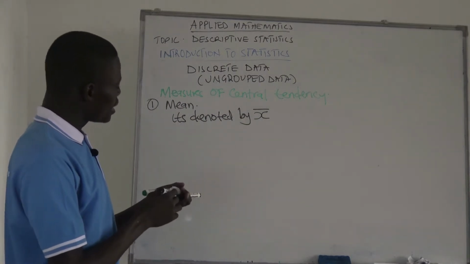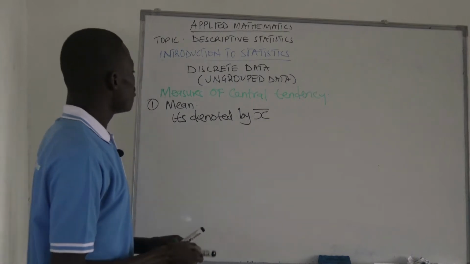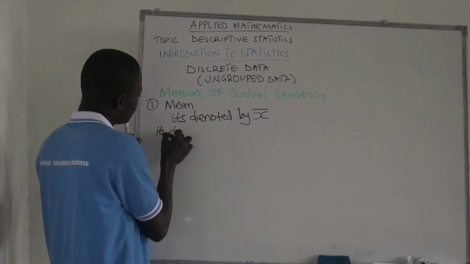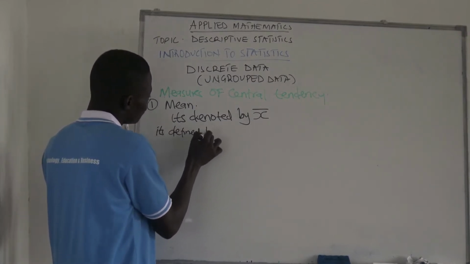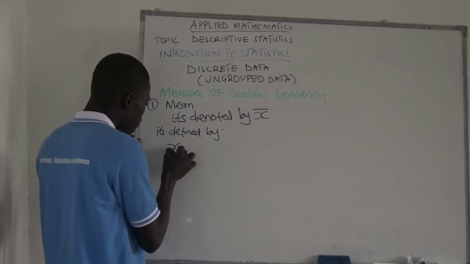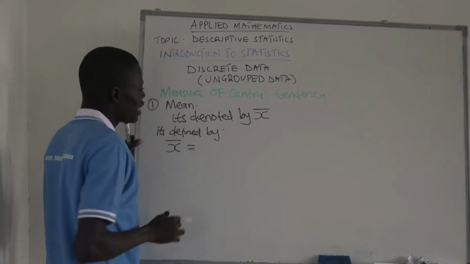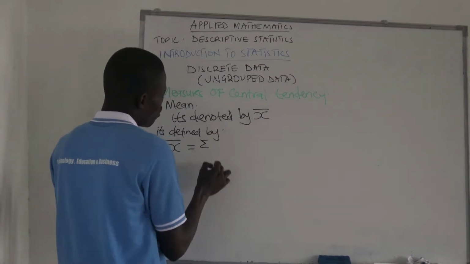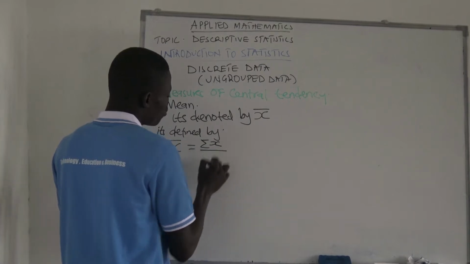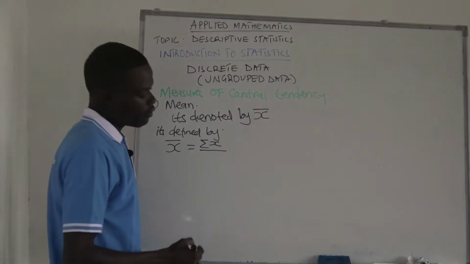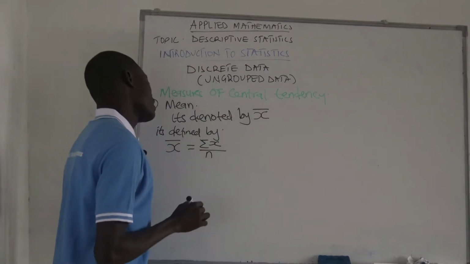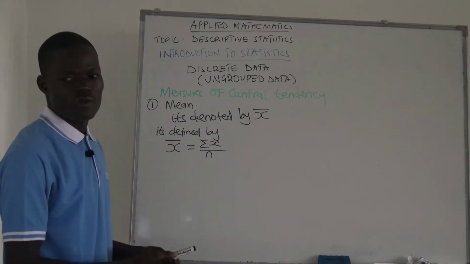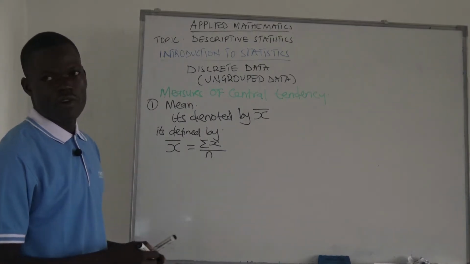If they tell you to calculate the mean, you can use this. So the mean, X bar, is given by the summation of X over N. That's how you find the mean.